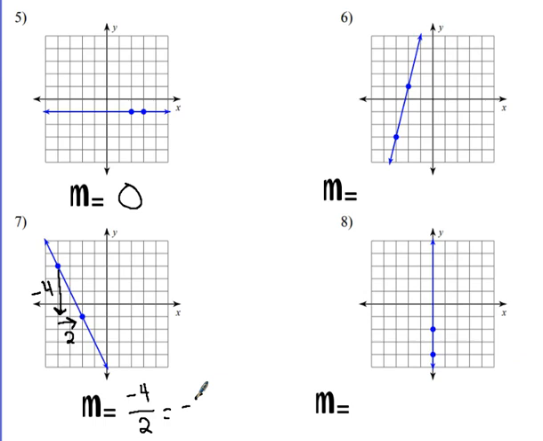If you reduce that, it's negative 2. Well, this line's definitely going up. This line goes up 4 over 1 for a slope of 4. And this line is vertical, so it has an undefined slope.